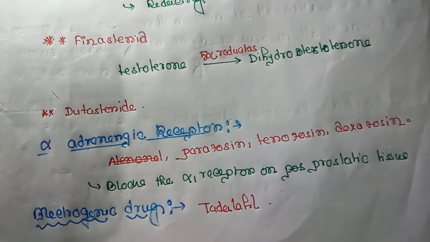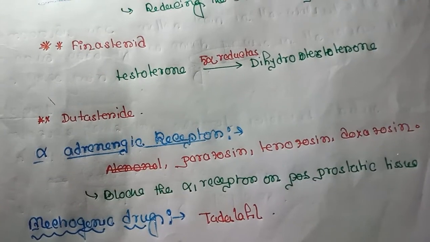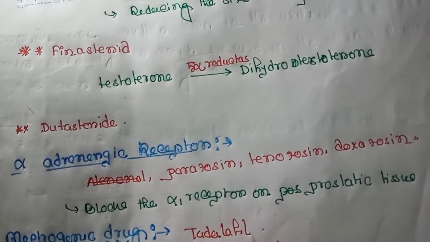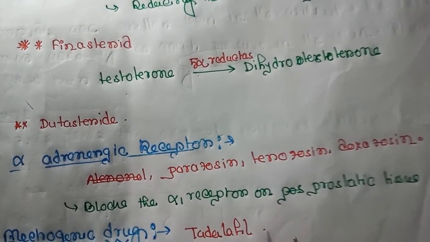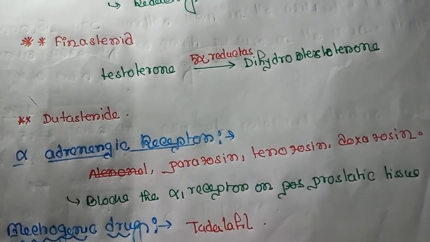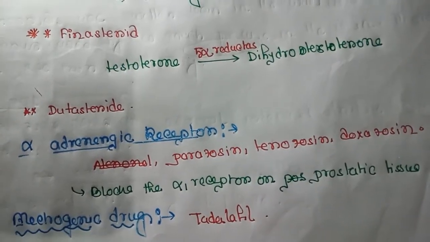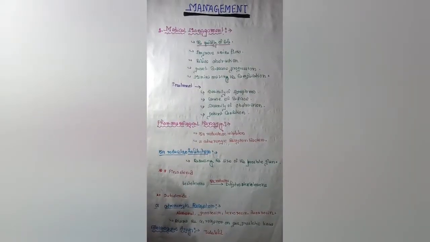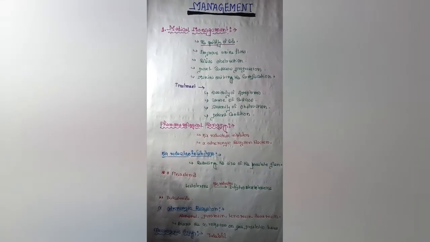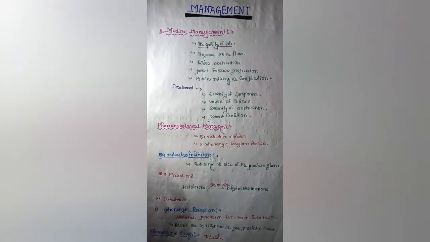The drug tadalafil has been used in men who have symptoms of benign prostatic hyperplasia alone or in combination with erectile dysfunction. This is the medical and pharmacological management of benign prostatic hyperplasia.